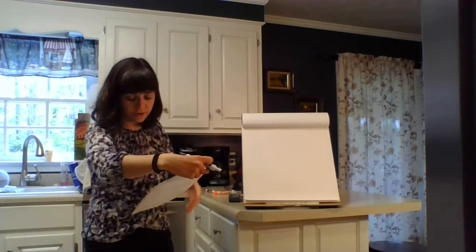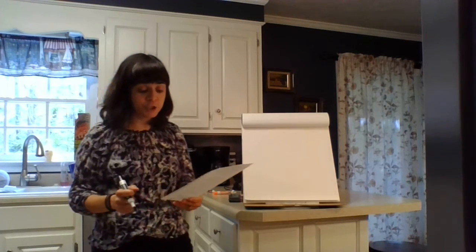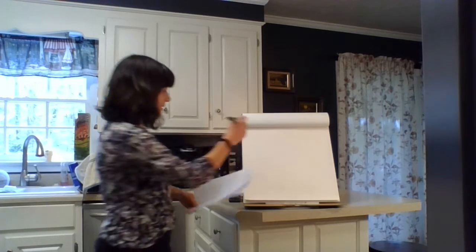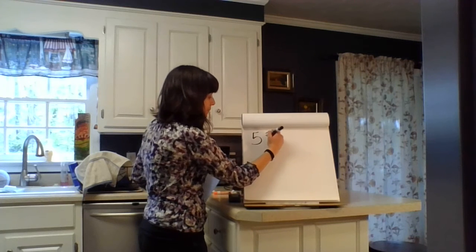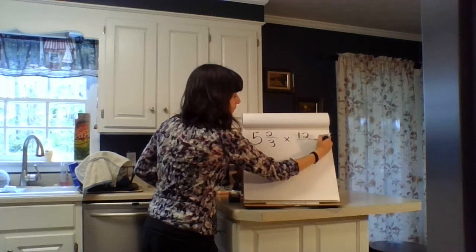The area of a garden. It says find the area of the garden in square feet, and then it has 5 2/3 and 12. So to find the area, I'm going to multiply length times width. So I'm going to say 5 2/3 times 12.